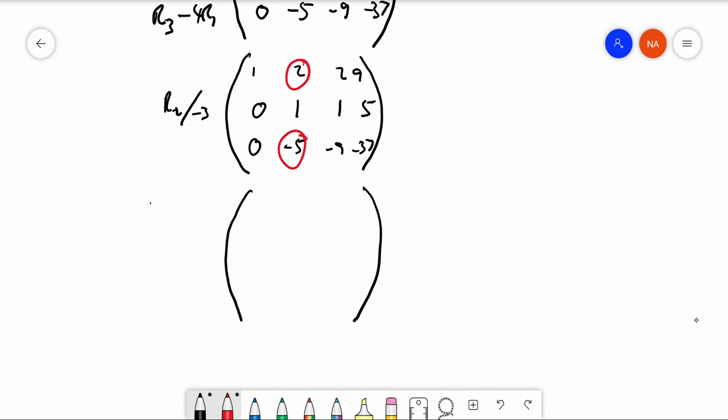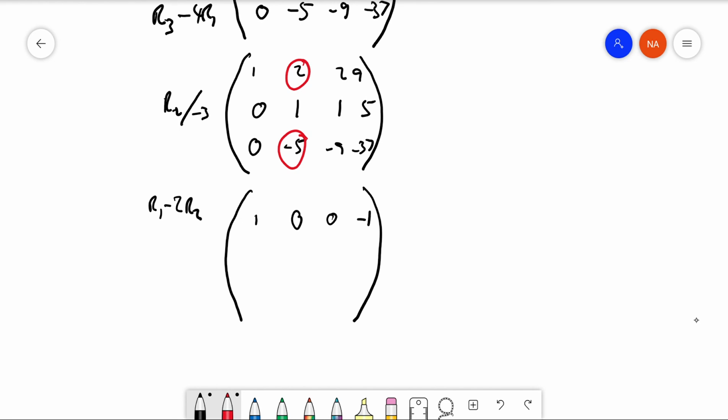I'm going to do row 1 minus 2 lots of row 2. That'll give me 1 there. 2 minus 2 lots of that will give me the 0 there. 2 minus 2 lots of that, oh, that'll give me 0 there as well. And 9, take away 2 5s, which is 10, will give me negative 1.